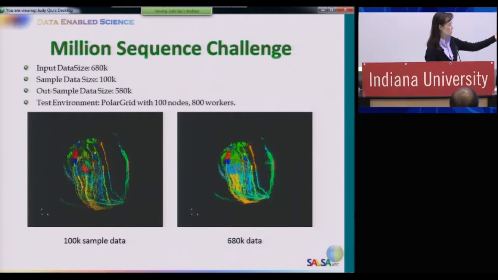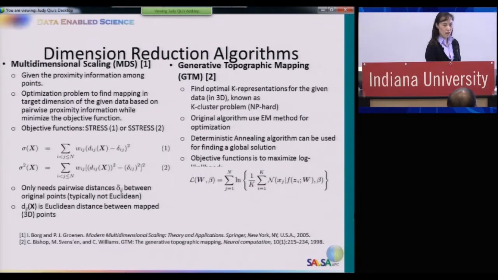This snapshot shows the visualization result, and you can clearly see the structure of this data. Without this kind of processing, it's very difficult for human beings to look at the raw data and browse the sequence space. This is underpinned by a very powerful algorithm we developed in-house, called the dimension reduction algorithm.